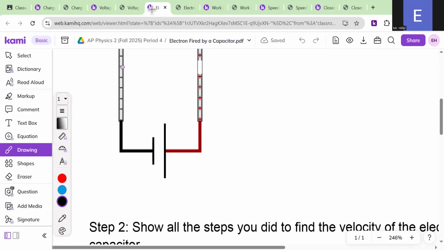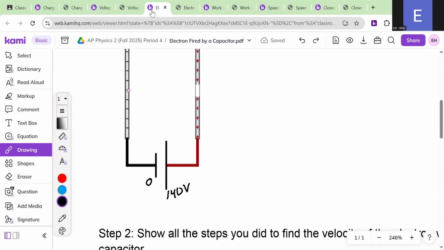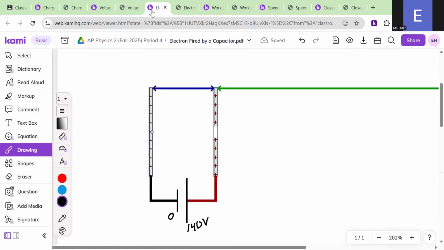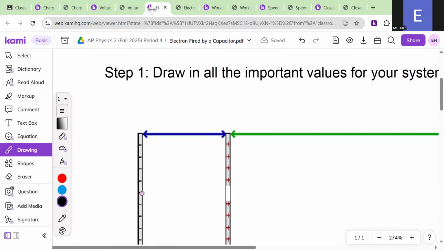That means 140 on the positive side and 0 on the negative side. So that means the potential difference is 140. Okay, now I have an electron, so I need some values. The charge of an electron is 1.6 times 10 to the negative 19, and the mass of an electron is 9.11 times 10 to the negative 31 kilograms. These are things that are found on the table of information.